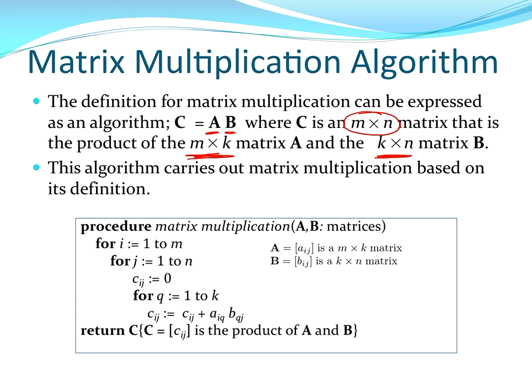So there's m times n elements in the matrix, and each one of those has k additions and k multiplications, and here's where we see it.